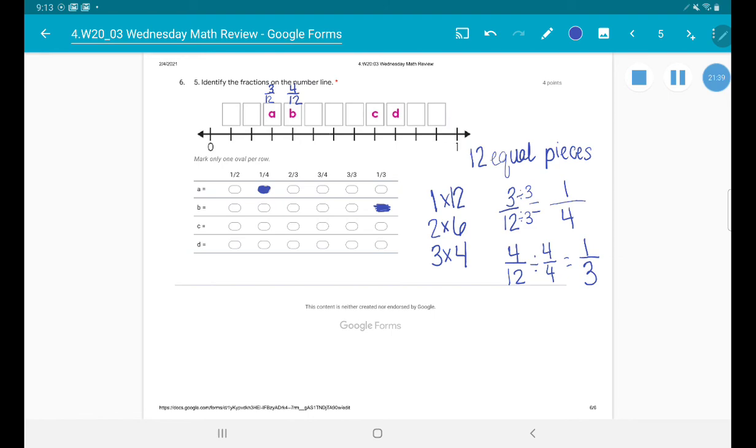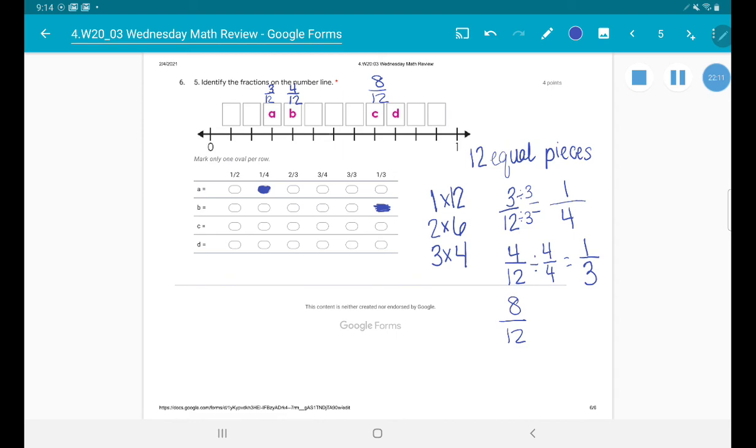If B is 4/12, the next box would be 5/12, 6/12, 7/12, 8/12. All right, so C equals 8/12. I've got to figure out which of our factors I can divide both 8 and 12 by.